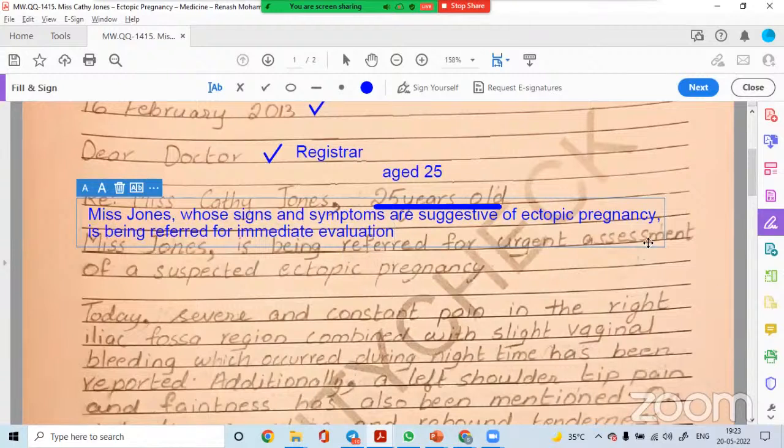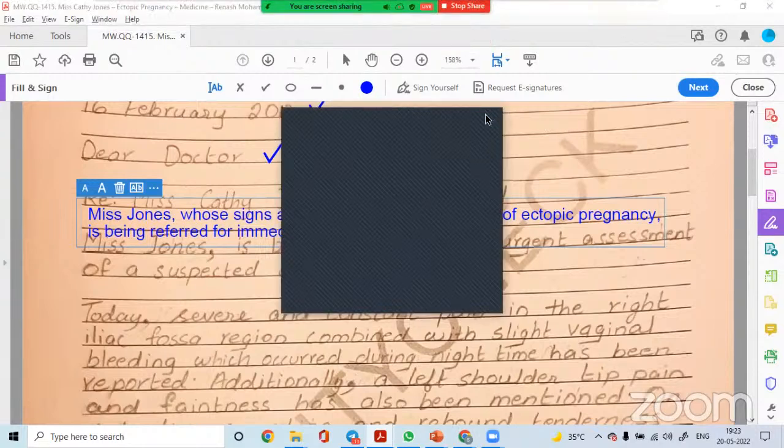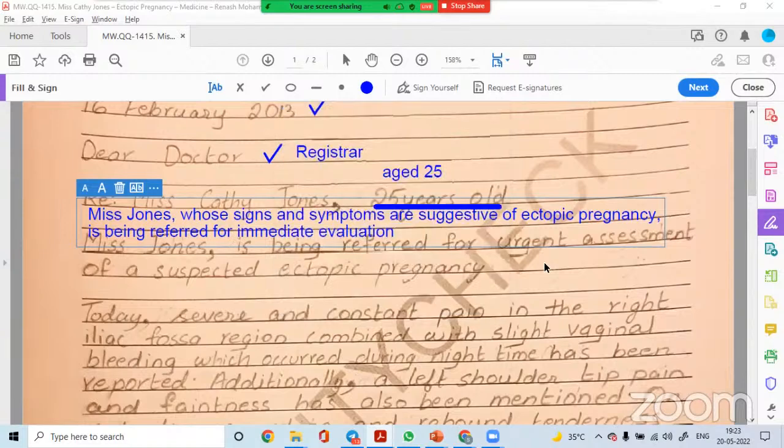There is no meaning. It's copy paste. Dr. Renash, I don't want copy paste, okay? Okay, sir. Urgent means immediate. Assessment means evaluation or a definitive diagnosis.